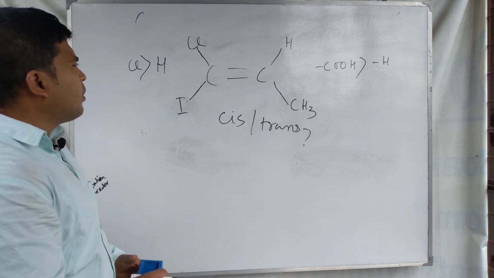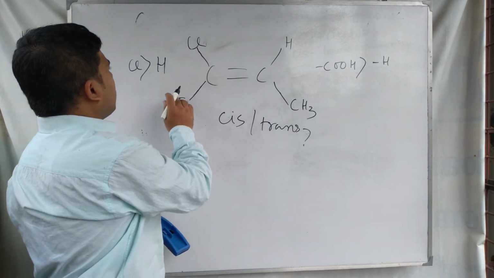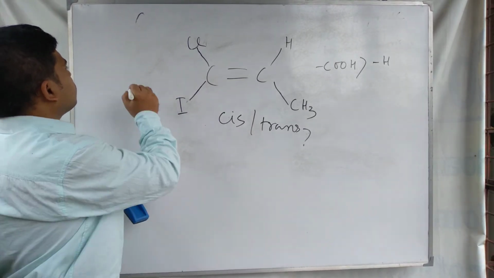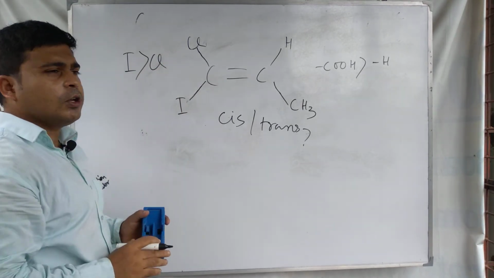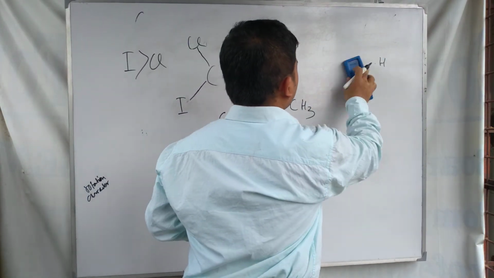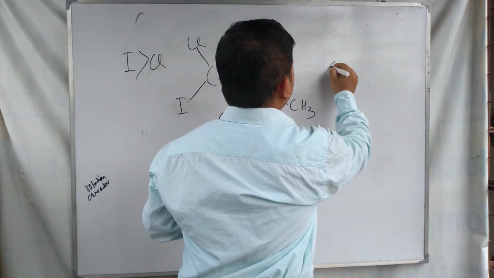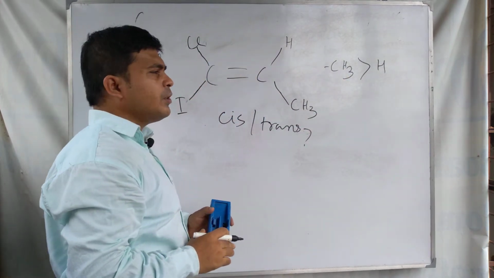Look at this: on this carbon, chlorine and iodine are attached. Iodine has the higher atomic number, so iodine has higher priority than chlorine. And on this side, between methyl and hydrogen, CH3 has higher priority than hydrogen.